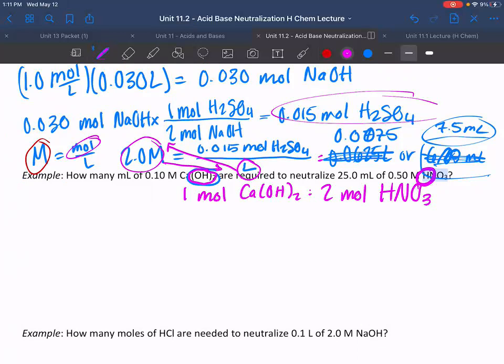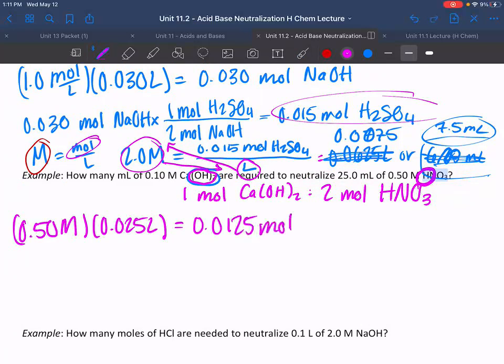All right, first step here. Figure out the number of moles of the volume and concentration pair. We multiply the concentration by the volume in liters. So we have 0.50 molar nitric acid times 0.025 liters. That means we have 0.0125 moles of HNO3.